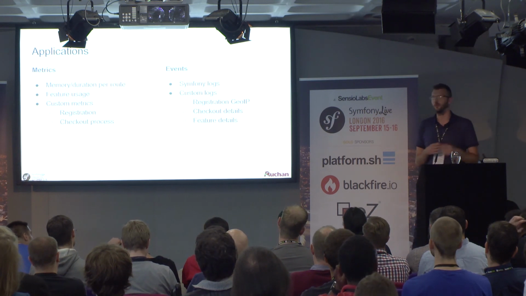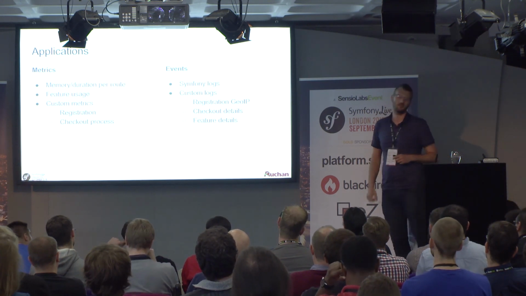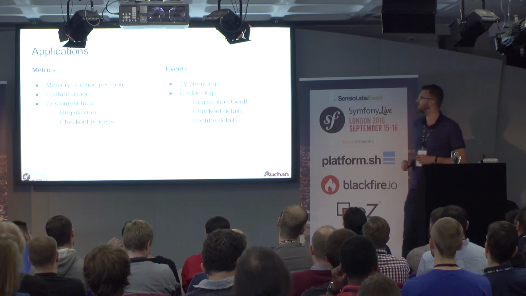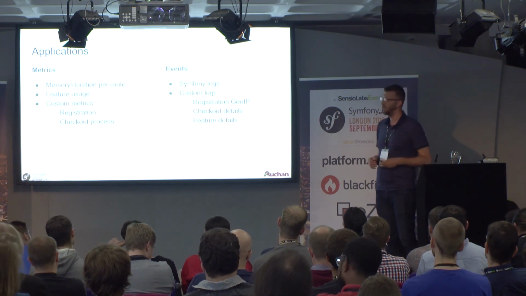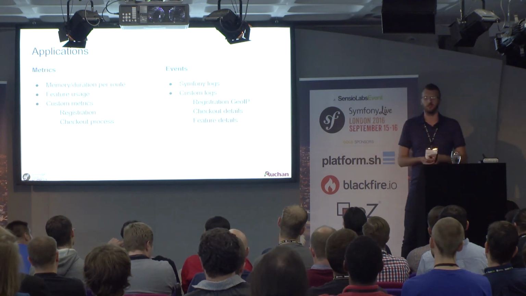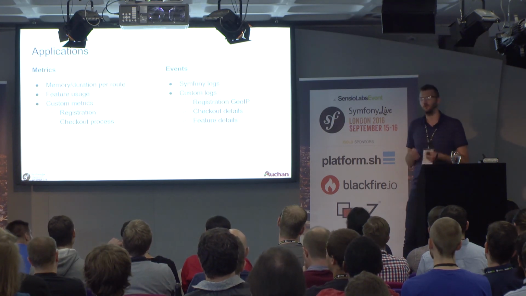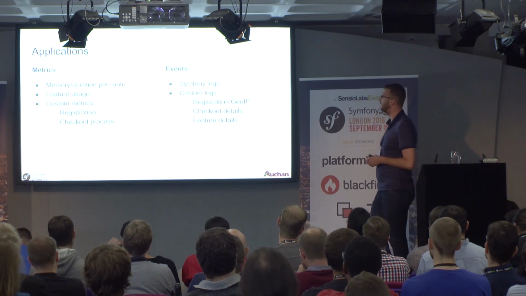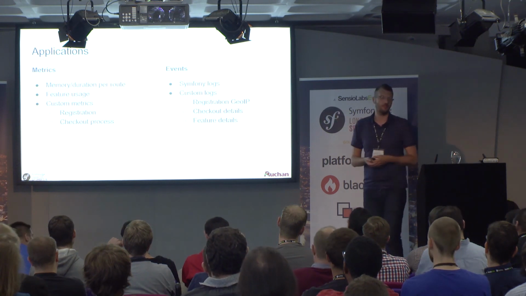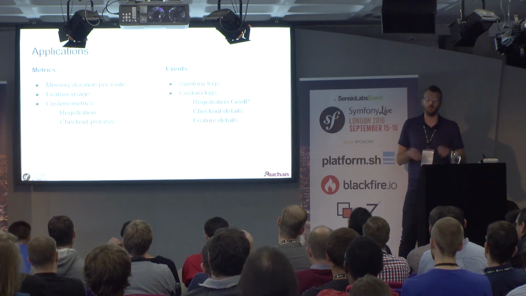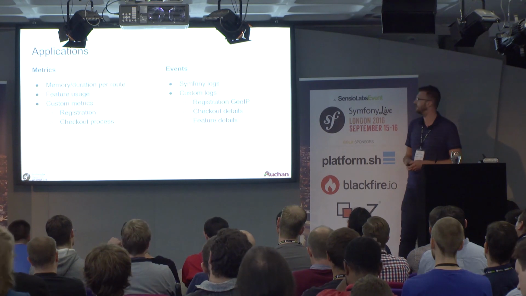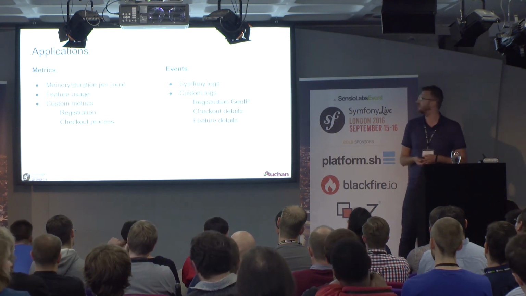For example, you create a new feature and say, hey, my users will love it, I will put it in production, and they will all be happy. You put it in production, and nobody uses it. It's very important to know that, to know how your users behave in your application. And that's possible with a metrics system and metrics collection in your application. So that's the kind of usage that you can do.